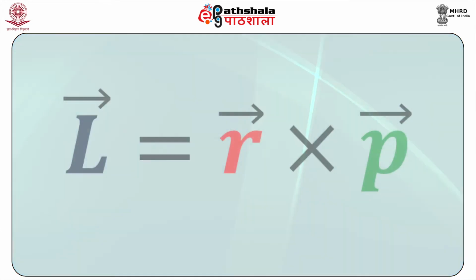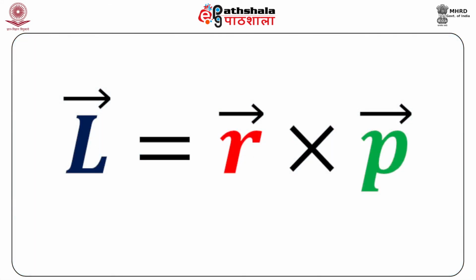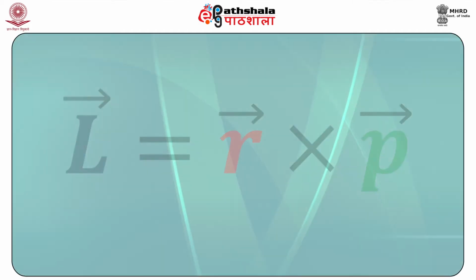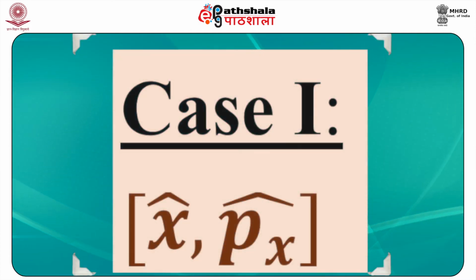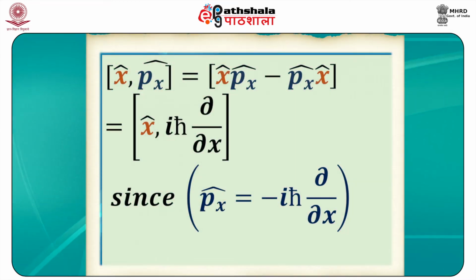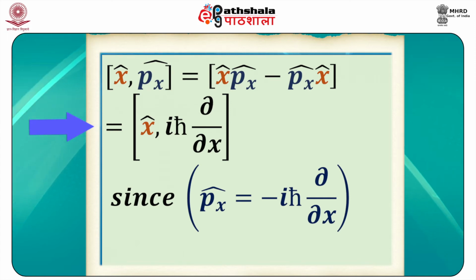Now, since angular momentum is defined as a product of position operator and linear momentum operator, we will first check the commutation of position and linear momentum components. Case 1. The commutation relation between position operator x and the linear momentum operator px is equivalent to x px minus px x. Substituting the value of px, we get [x, iota h cross del by del x].